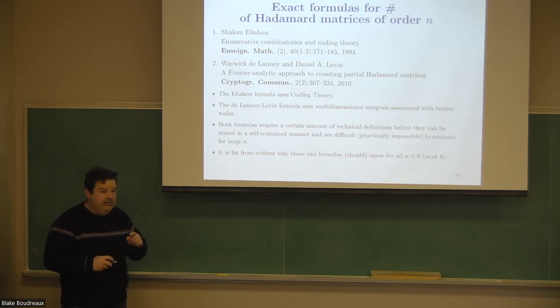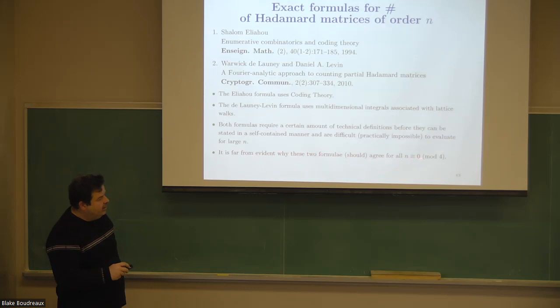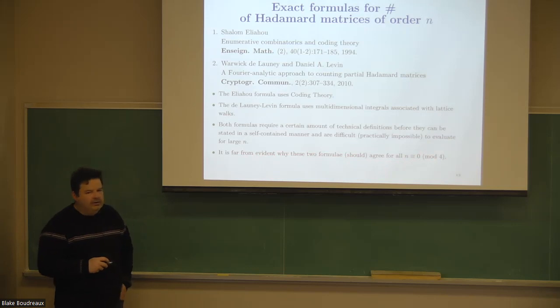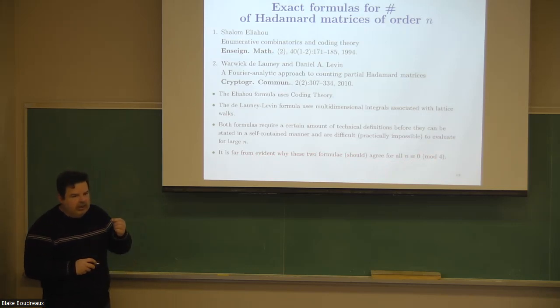They must give the same number, no matter what, right? And I haven't been able to do that even for n equals 4, I mean not for every n. Not even for n equals 4 am I able to prove that, yes, they coincide.